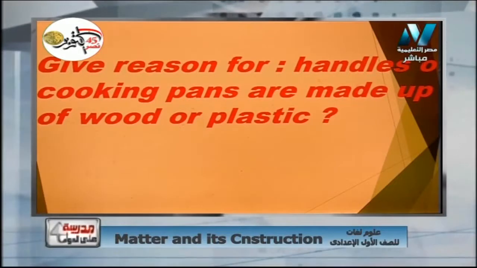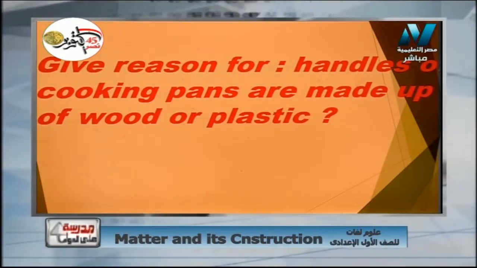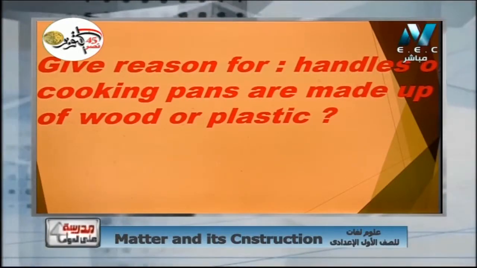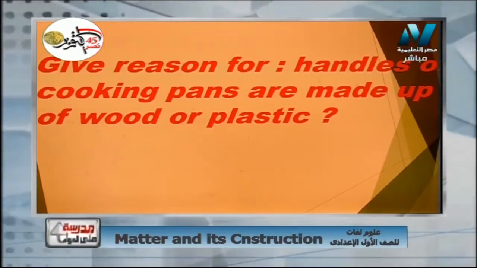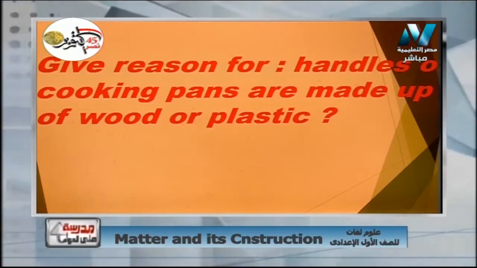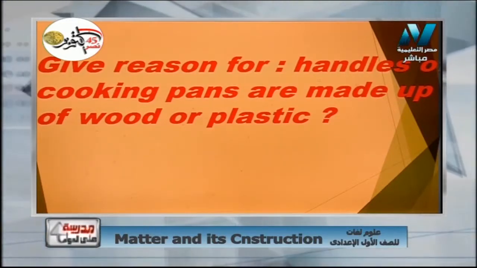Question: give reason for handles of cooking pans, or handles of utensils or cooking pots, being made up of wood or plastic. Why? We can't hold the handles of cooking pans if they are made up of copper or aluminum, because they will be very, very hot.